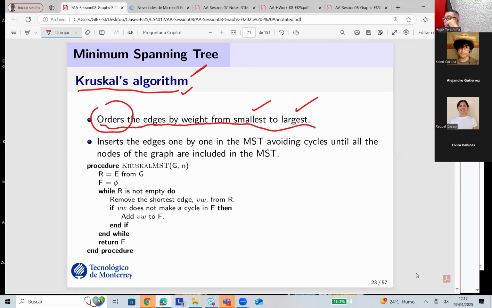And then you insert the edges one by one in the MST, avoiding cycles, until all the nodes of the graph are included in the MST. So you are constructing the MST one by one.